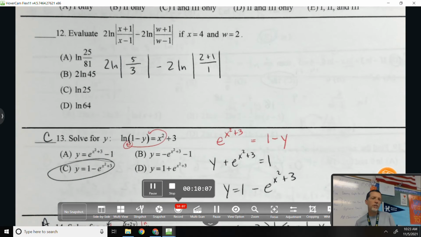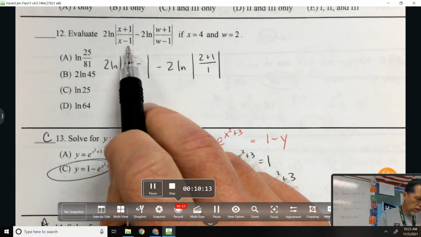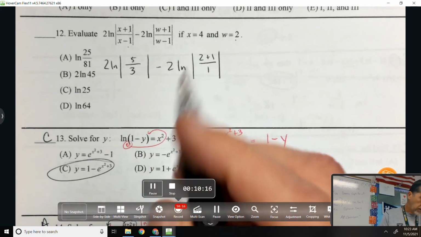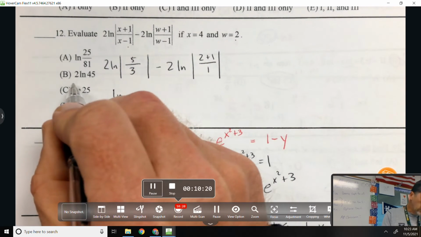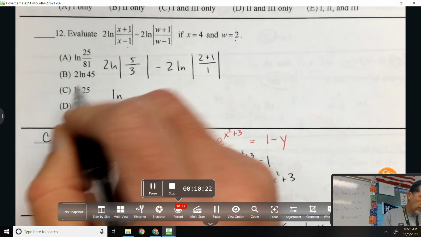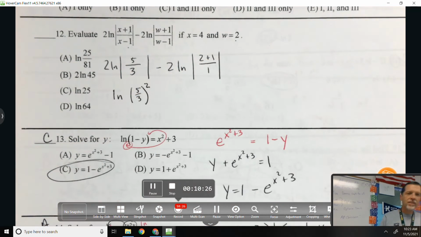All right, number 12 from the review worksheet. Let's see. So I plugged in x is 4, w is 2. I don't see very many coefficients, so I think I'm going to put the 2 back as an exponent.